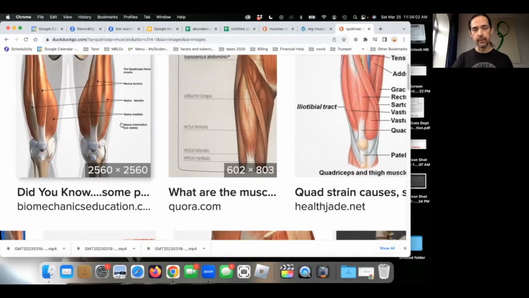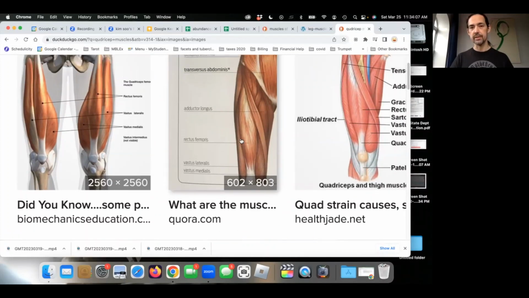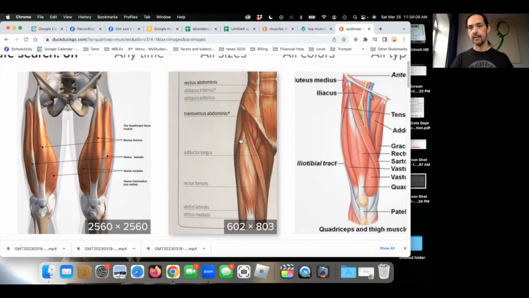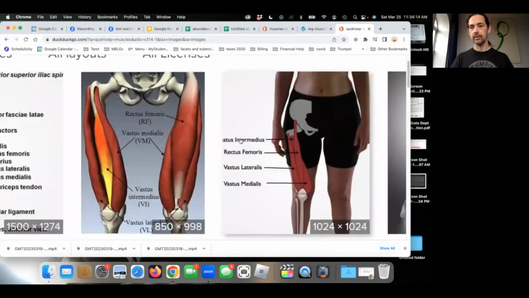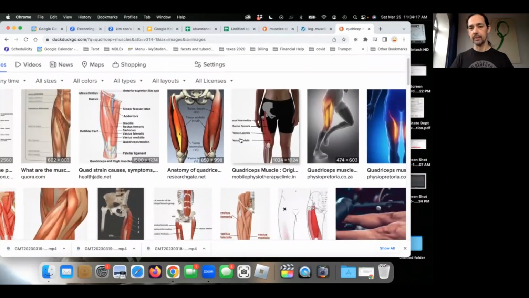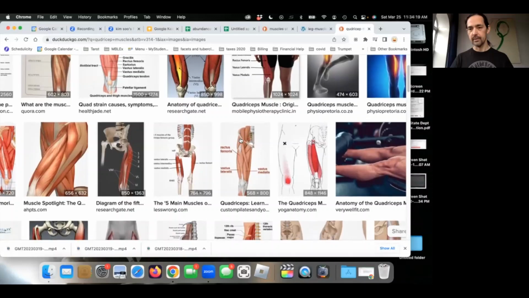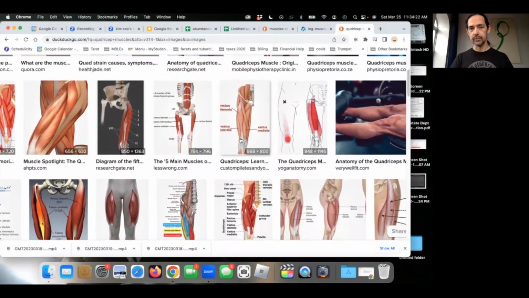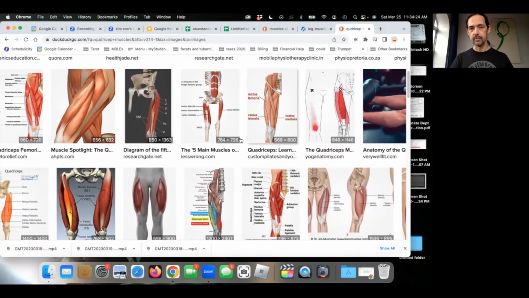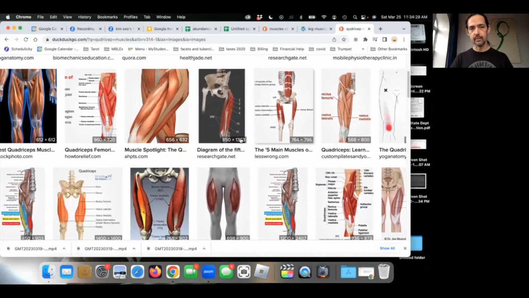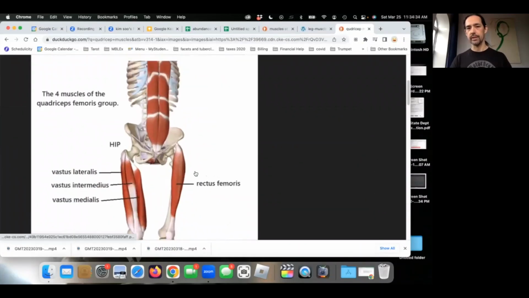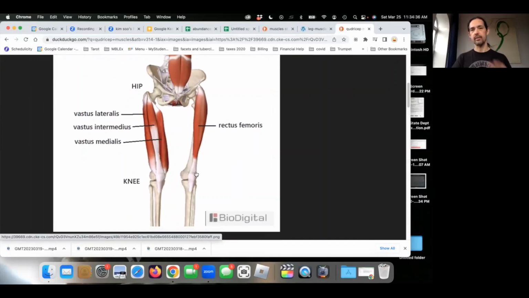For example, this one says vastus intermedius not visible. So most places they just leave it out. Okay, here we go. That's kind of a crappy visual. So okay, let me give you guys a couple, and then hopefully your brain will take the median of everything.